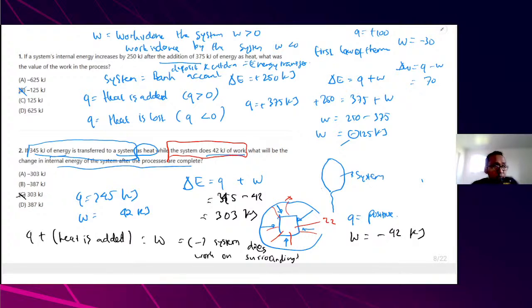If the system is pushing out when you blow up a balloon, the balloon will be bigger, pushing out, expanding, doing work. That balloon, that system.